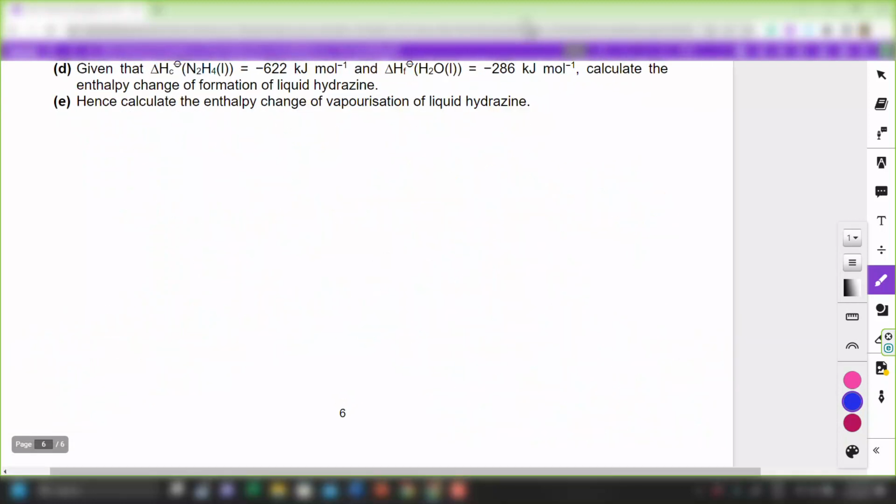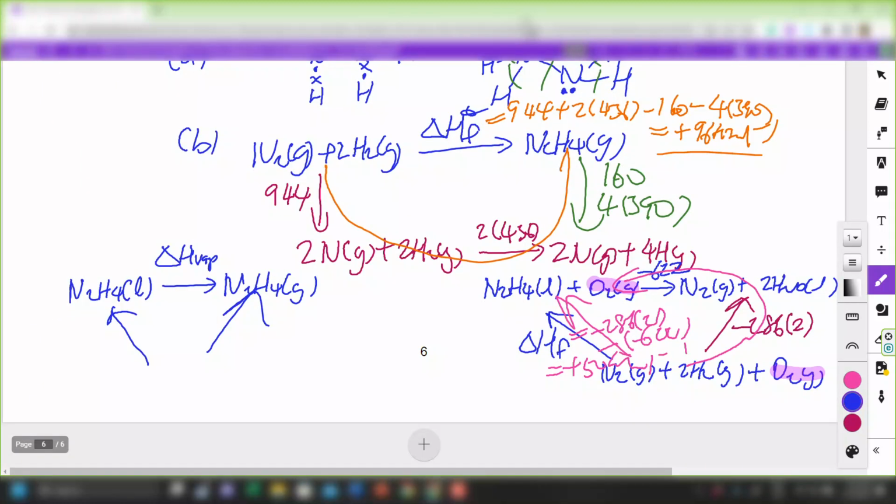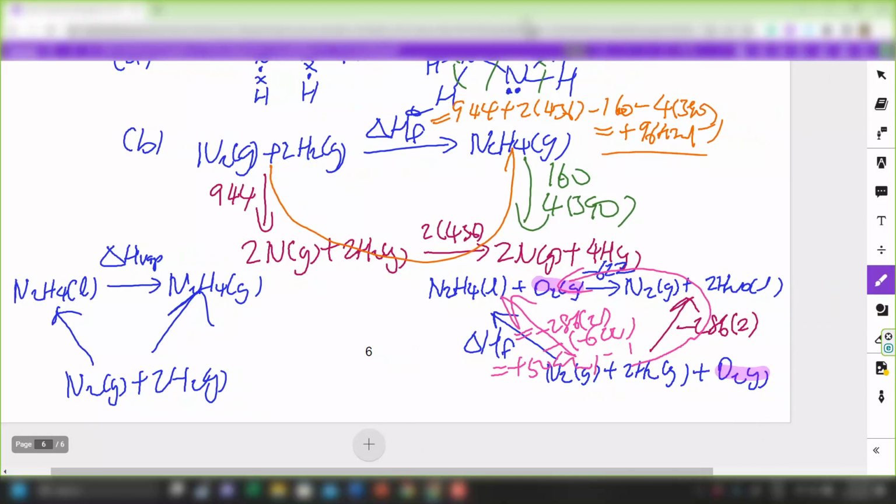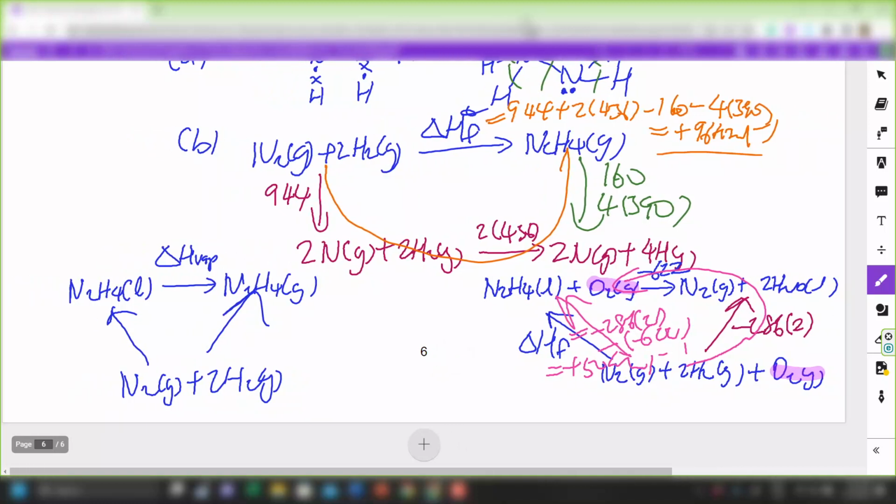Since we know these data, our life will be a lot easier because that will be N2 gas plus 2H2 gas. And then we are just going to input the values in. What have we calculated? Let me check. So this is actually plus 50, and the other one is 96, which is here.